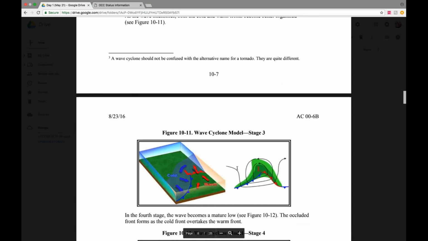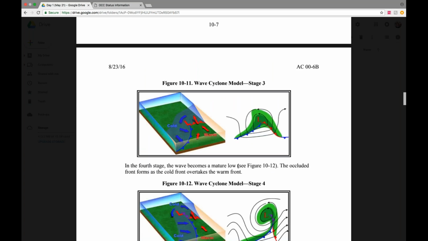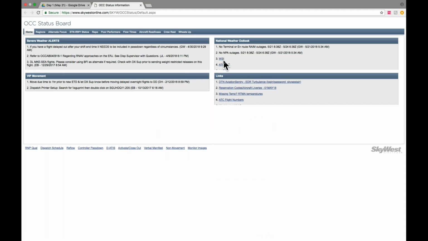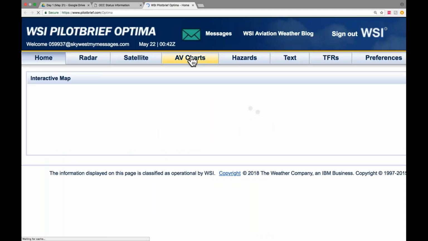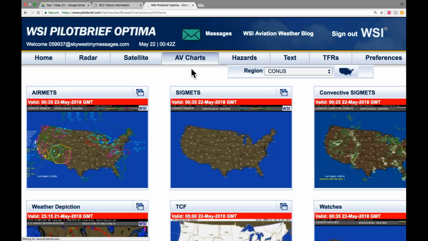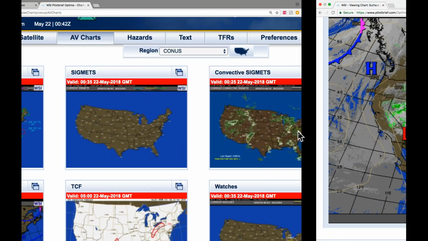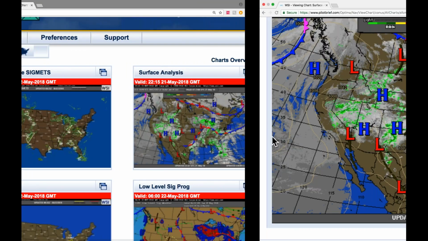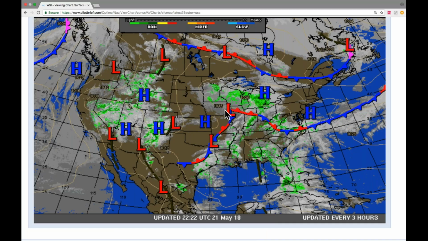As that rotation continues to build, that's when we see, and you can see it on our aviation charts here. Oh, I already have it up.